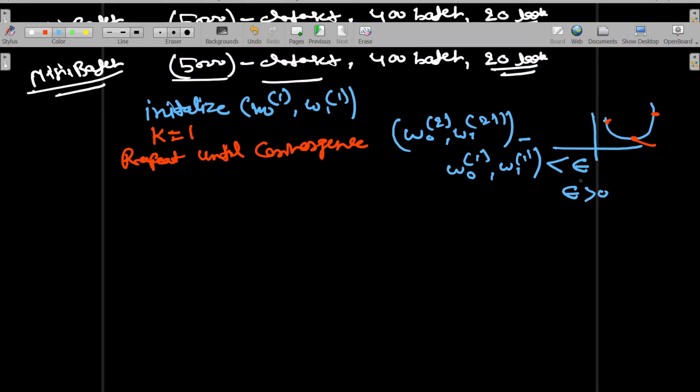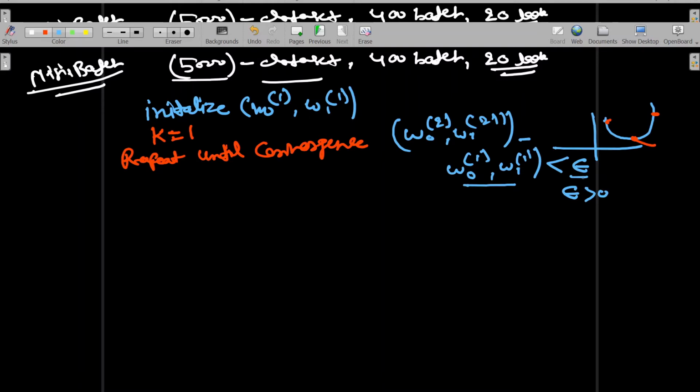That means epsilon is a sufficiently small number, tending towards 0. If you subtract the next step and the previous step and it is less than epsilon, which we have decided beforehand, but it is a sufficiently small number, that is the point to be noted here.